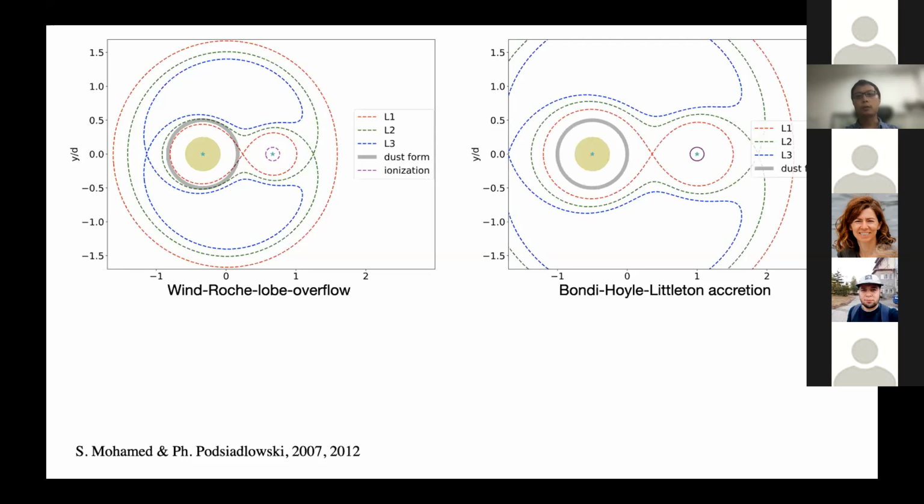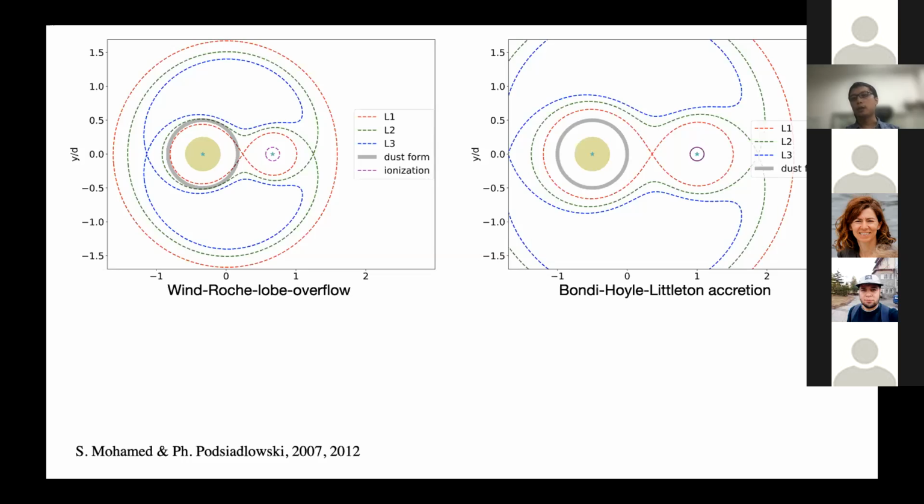On the contrary, if we increase the binary separation and the dust formation zone is well inside the inner Roche lobe, then the wind from the AGB star becomes supersonic, with Mach number probably above 4 or 5.